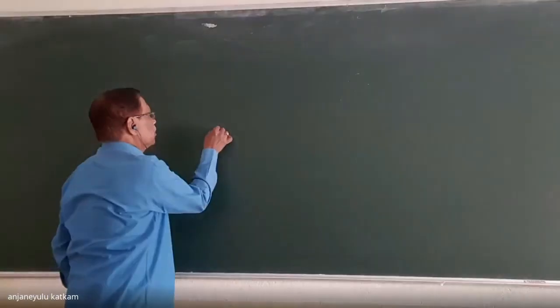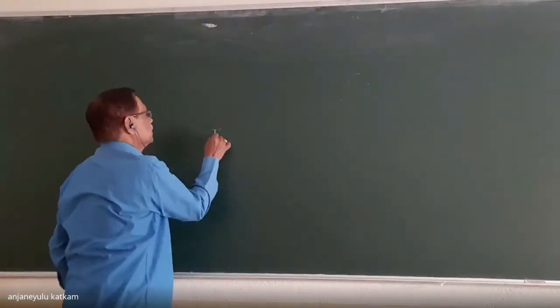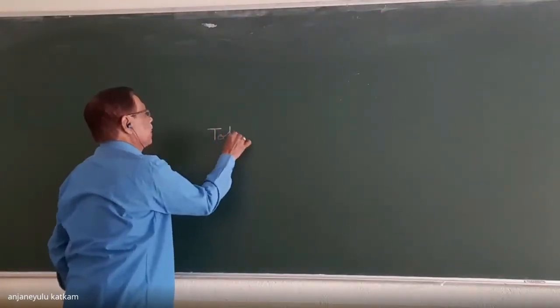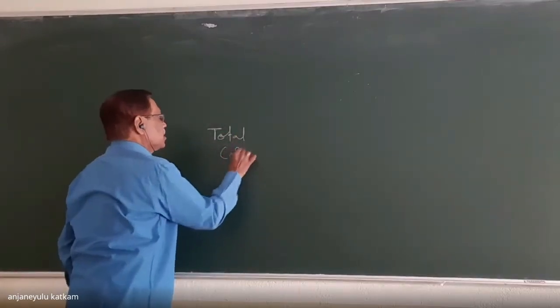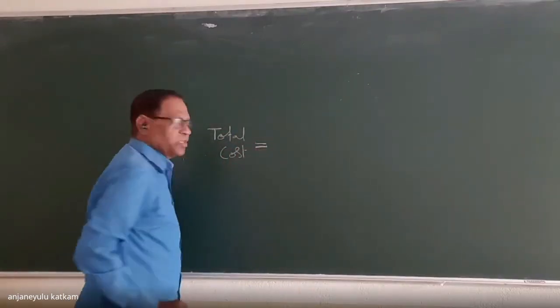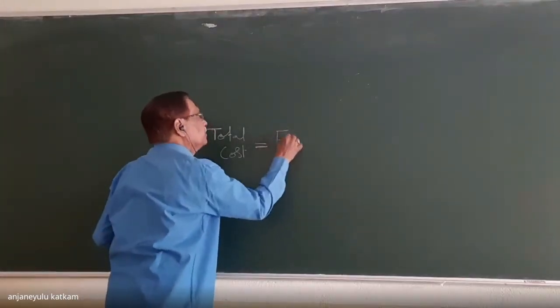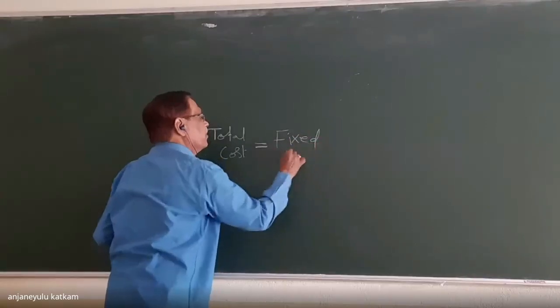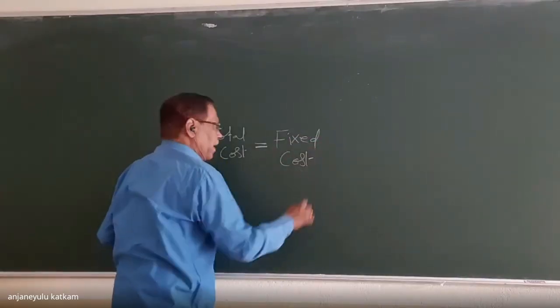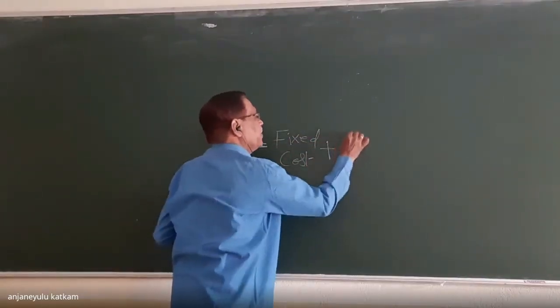The total cost of the production is equal to fixed cost plus variable cost.